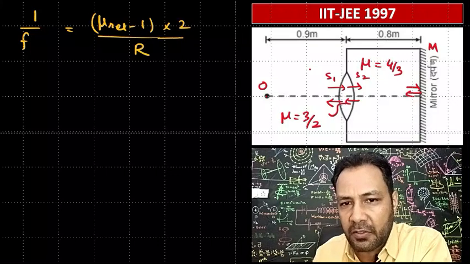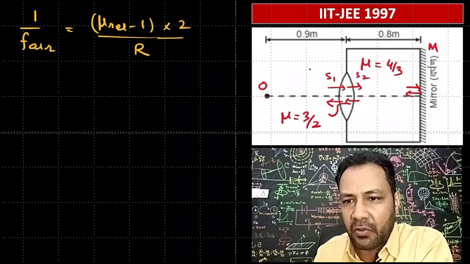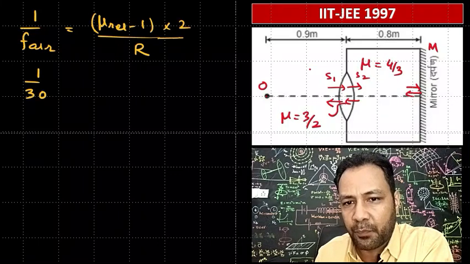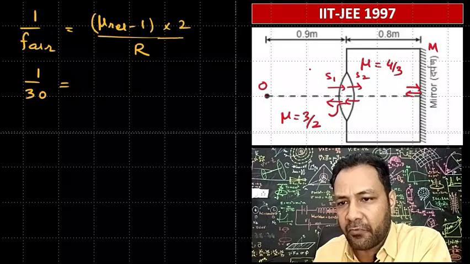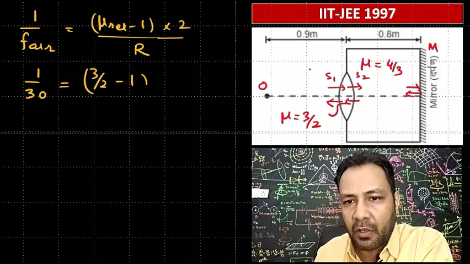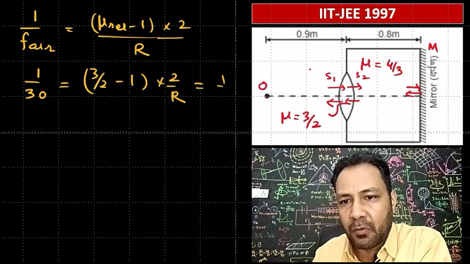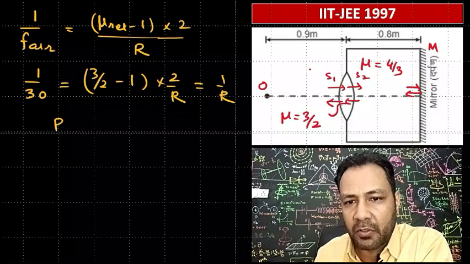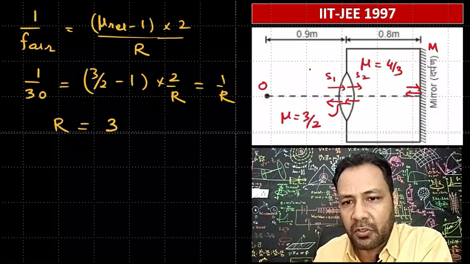Now this lens is placed in air, and the focal length in air is 30 centimeters, so 1/30. The material of the lens has refractive index 3/2, so mu relative is 3/2 only because outside is air, times 2/R. So that will be just 1/R. From here we have ROC equal to 30 centimeters.